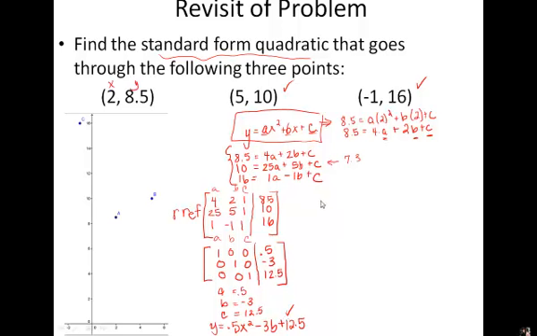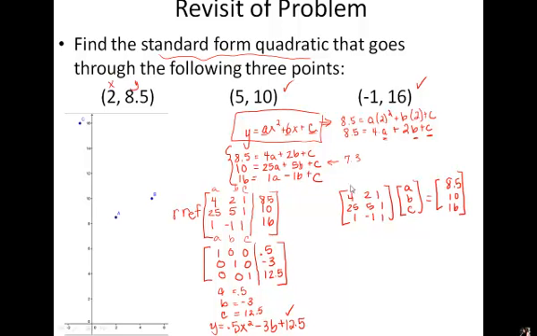Another way to set this up, and I do want to show you this as well, is we could use our coefficients, our 4, 2, 1, 25, 5, 1, 1, negative 1, and 1 again, and multiply it by our unknowns, our A, B, and C, to be equal to that solution matrix.